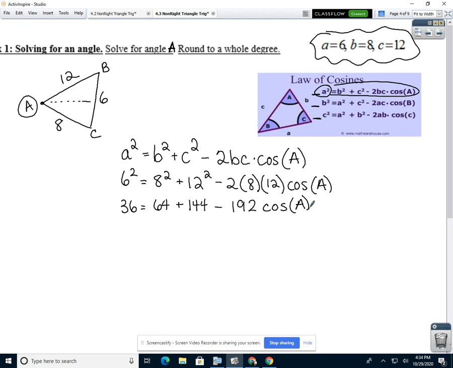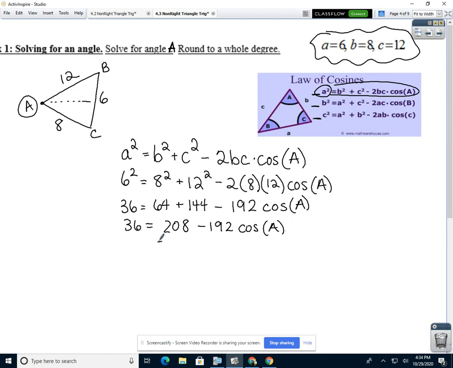So let's go ahead and simplify. I'm going to combine the 64 and 144 because they are just single constants together there. So I'm going to add them. So it's 208 minus 192 cosine of A. And then I'm going to just solve.